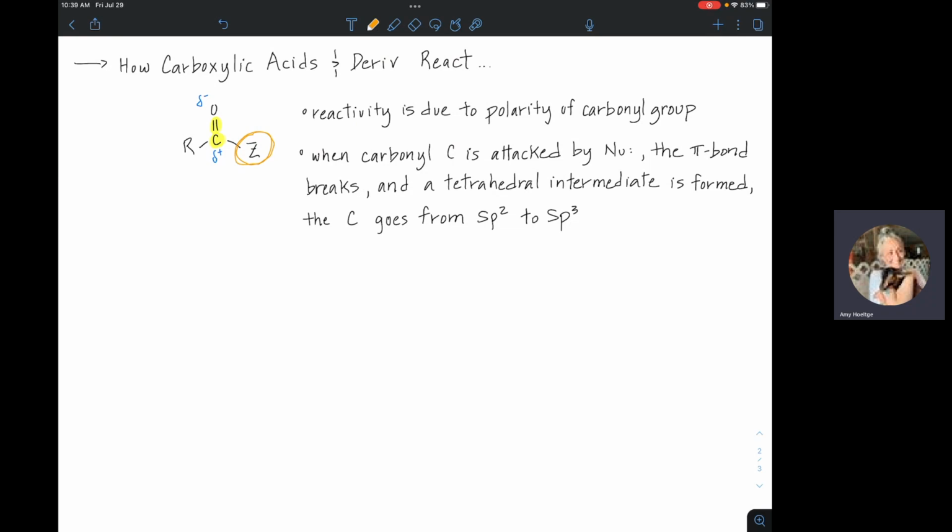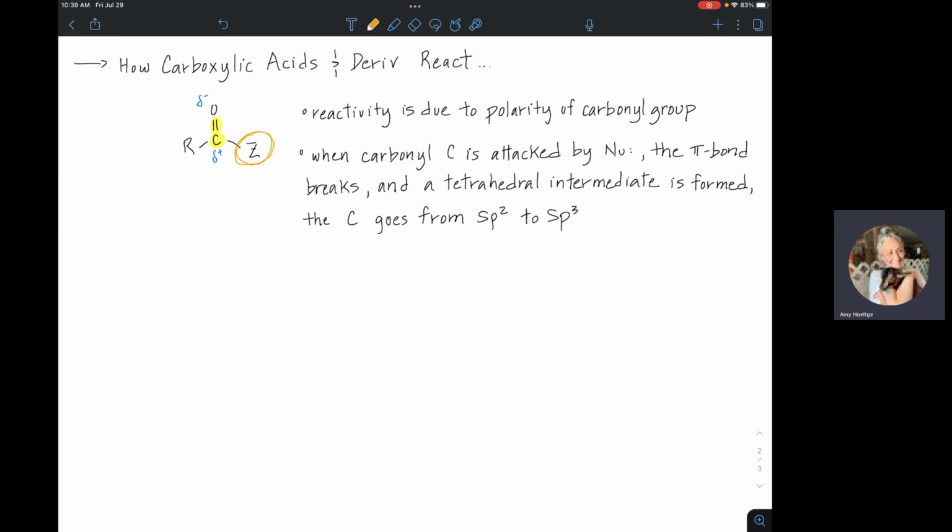It's not even basic. It's kind of neutral, right? So if you have an acyl chloride, when the pi bond forms again, because the tetrahedral intermediate is not necessarily stable, we get that carbon oxygen double bond back. Something's got to go because you can't have 10 electrons around carbon. So if Z is going to be a nice weak base, it's taking off.